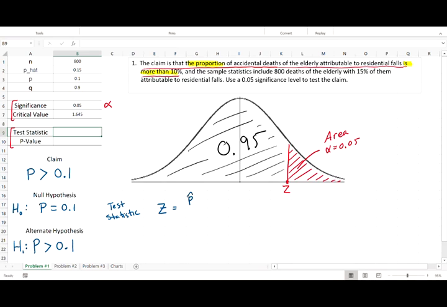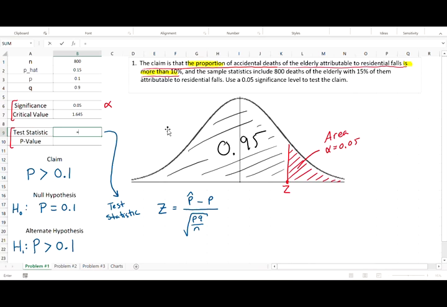So that's p hat minus p divided by the standard error between those two, which would be p times q over n, and that is under the square root. So this is our test statistic, and we can just use Excel to evaluate that.